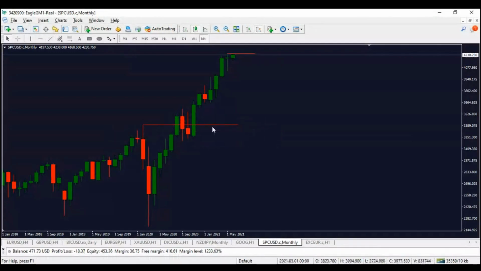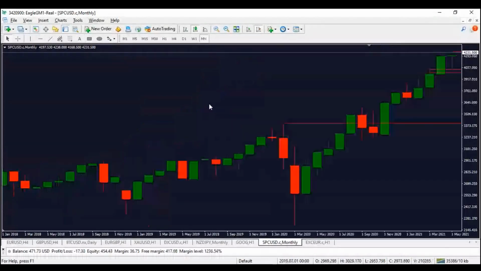Look at what we had. Every single time price moved, there was no inefficient price action there, no inefficient price action here. But look what we have right here. There's a bit of inefficient price action here.